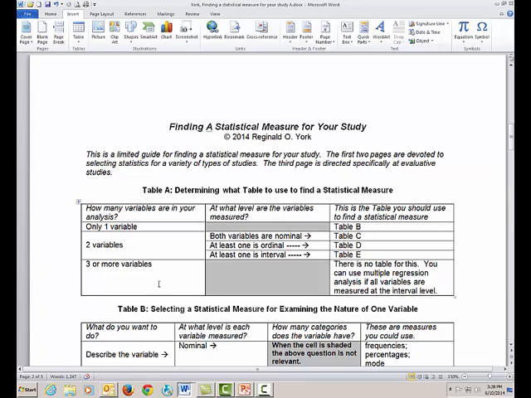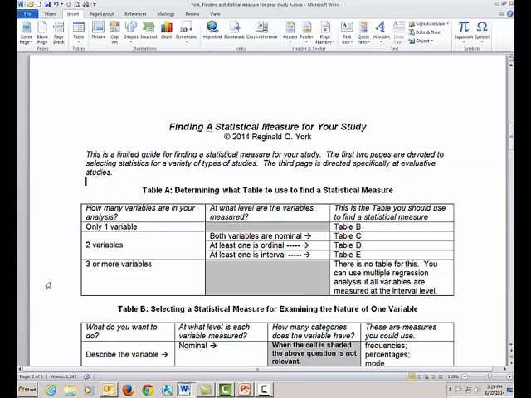As you can see, for only one variable, that cell is shaded, so you don't need to answer the question. You simply go to Table B. Table B is for when you have only one variable. As you can see, the same is true for three or more variables. You move down there, and you'll see that there is no table for this.